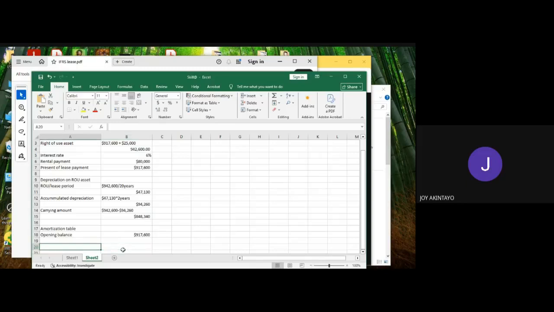So we have the year, the opening value, or we say opening balance, then the interest rate, the interest value.